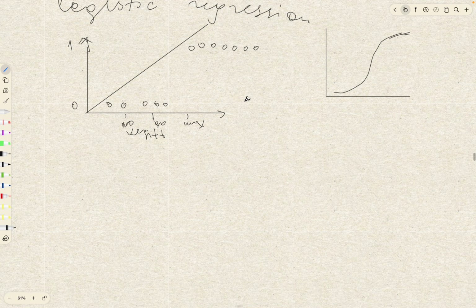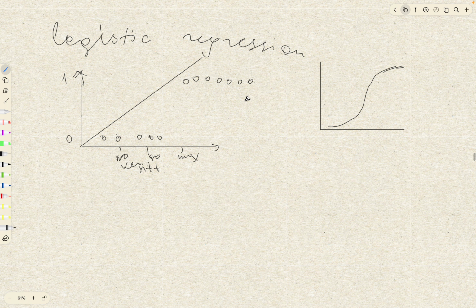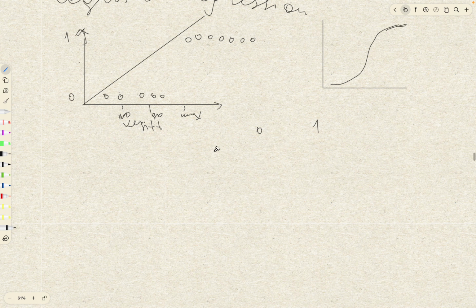So we have the feature weight, and we are looking for a function that when we plug the feature weight in it, it will give us a number between 0 and 1. So eventually we will end up with something called probability, and probability is between 0 and 1. This is the formula for the linear regression.